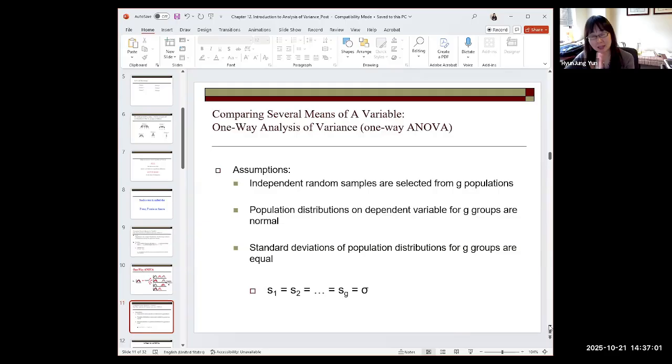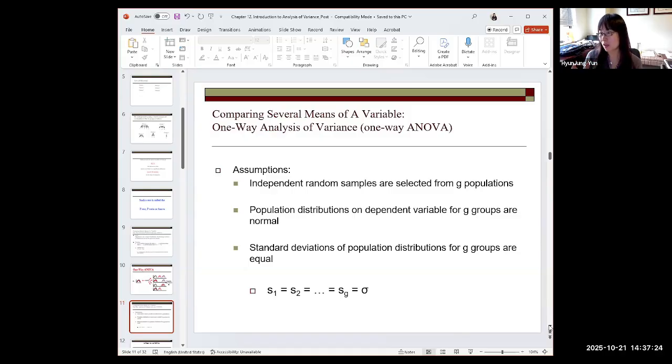Same thing for ANOVA, and as I emphasized, you don't need to memorize or prove it, but we want to make sure the required assumptions to run the ANOVA test are met.